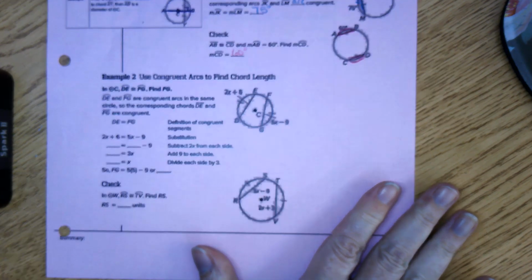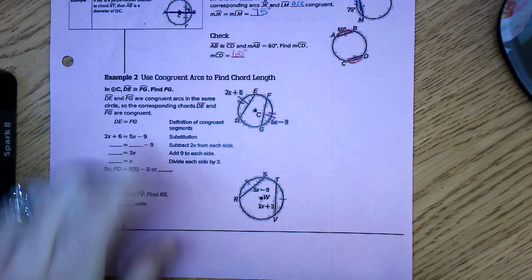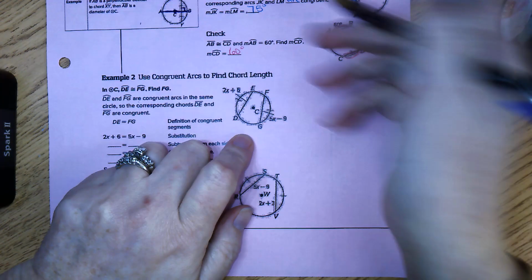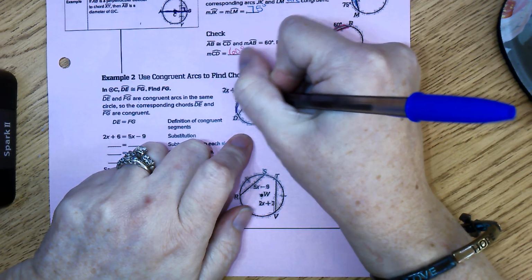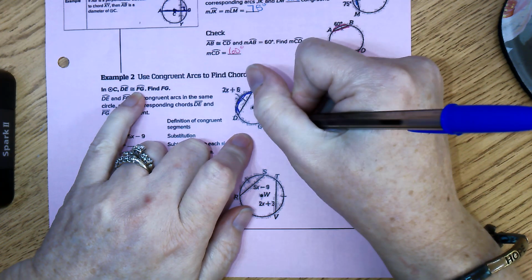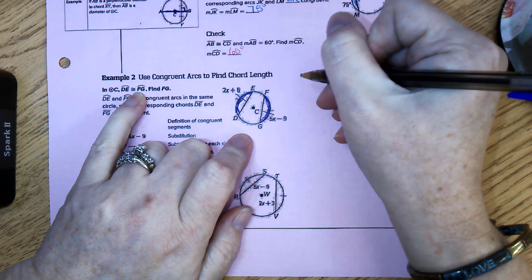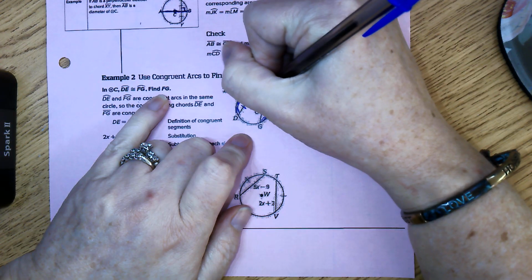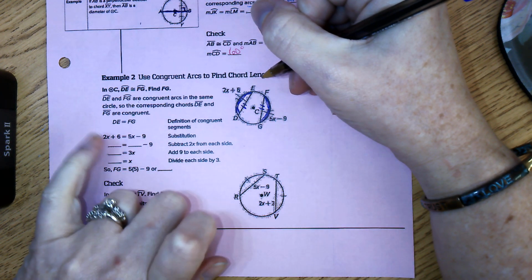Let's add a little more math. Okay. So using congruent arcs to find chord length. All right, so it says in circle C, arc DE is congruent to FG, and if those are congruent, then these chords have to be congruent, so they are equal to each other.